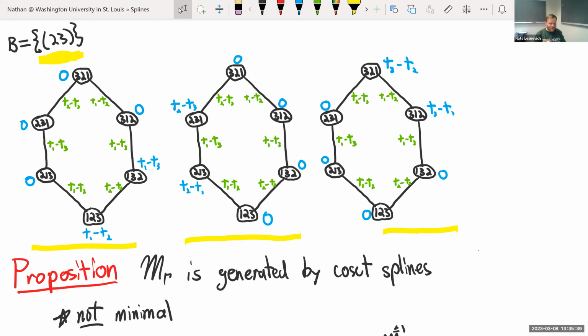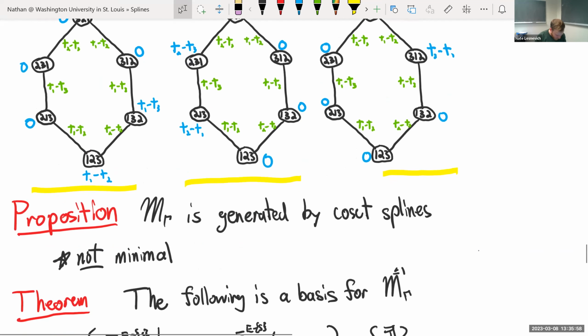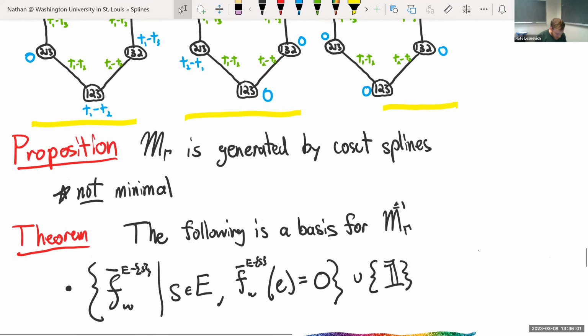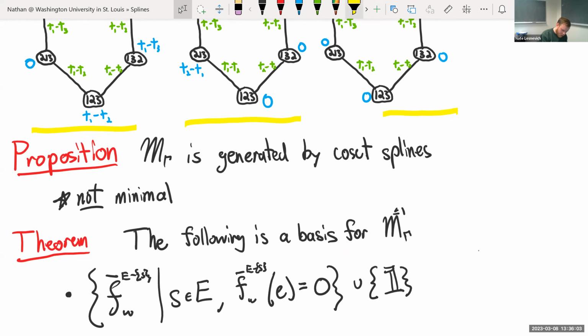There are a ton of extra elements in that set, and one of my active areas of research at the moment is trying to cut that down as much as I can in a reasonable way, so that I might be able to say something about minimum. What we can do, and this is getting back to the nice part where the first graded piece is free, we can write down bases for this one.